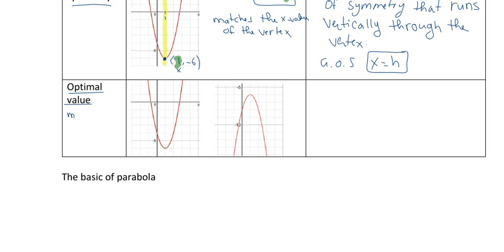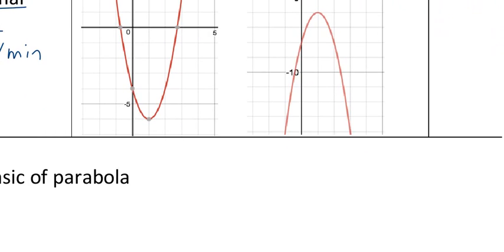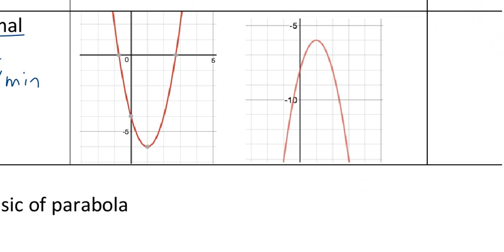When I'm talking about the optimal value, I'm talking about the y value. So what's your minimum y value that you get in this graph? We call this a minimum, right? And what's your minimum y value? Negative 6. Okay, so your optimal value here is y equals negative 6.